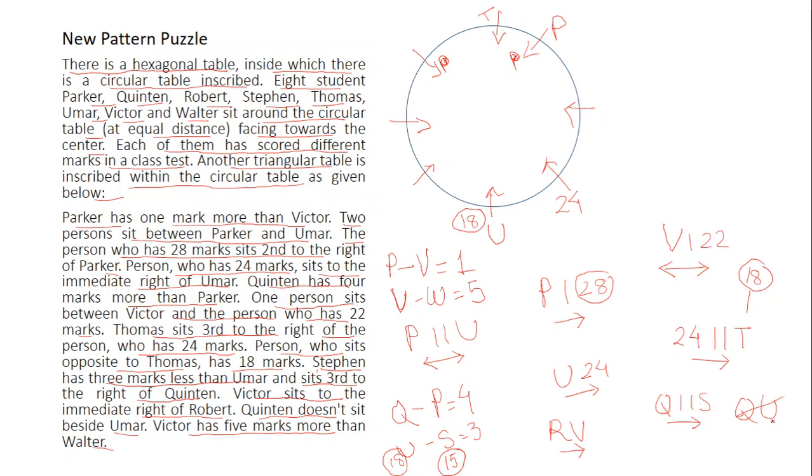Q is not next to U, and S is to the third right of Q. So Q can't be here because it's next to U. If Q is here, then third to the right is S, and S has scored 15 marks, so Q can't be here. Q can be here, and his third to the right is S.